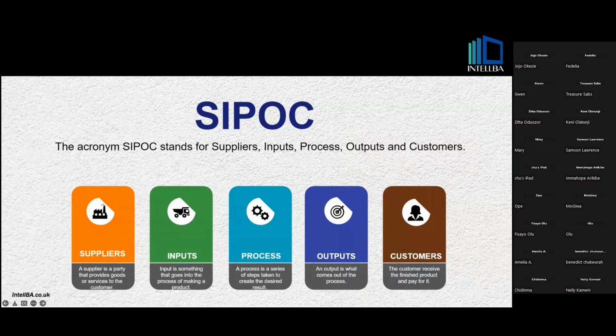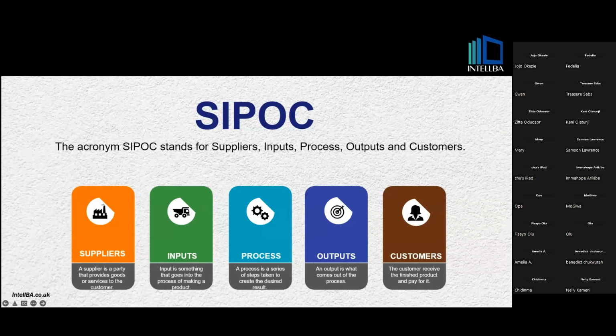Input is something that goes into the process of making a product. Process itself is a series of steps taken to create the desired result. Output is what comes out of the process. The customer receives the finished product and pays for it.